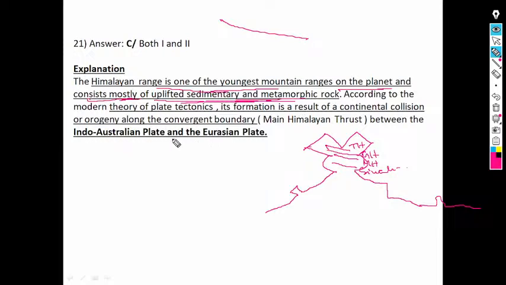According to the modern theory of plate tectonics, its formation is a result of continental collision.